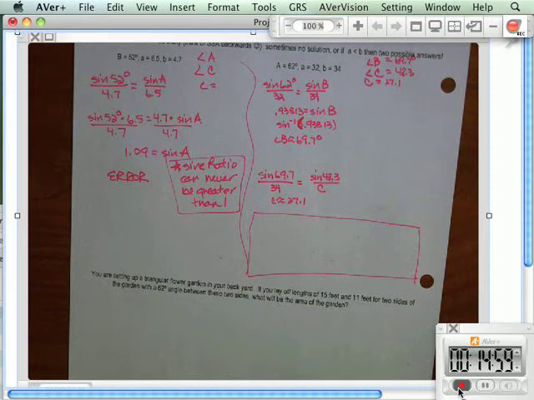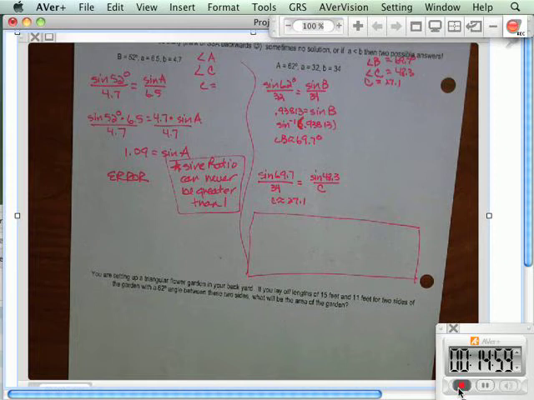Okay? So let's go back on the other side, and I'll show you the ASS where it doesn't work. So in the original triangle, they gave me angle A. That has to be the same for both my triangles, because that was the given. Angle B I found to be 32.2. That's not a semicolon. It's supposed to be 32.2.